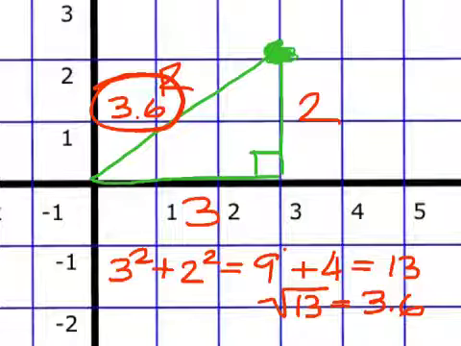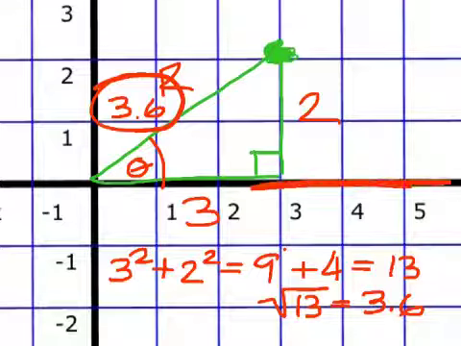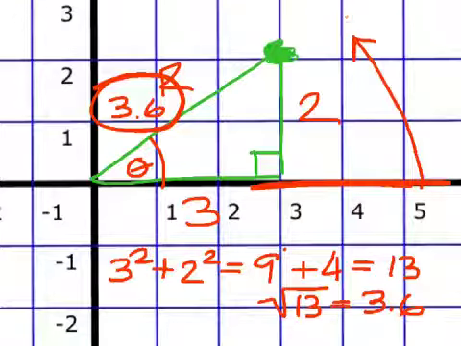Any questions on that? Then from there we have to find the value of theta, which in this case is one and the same as the angle inside the triangle, because it starts here at 0, opens up to here. That is theta. It is what you find in the first quadrant.